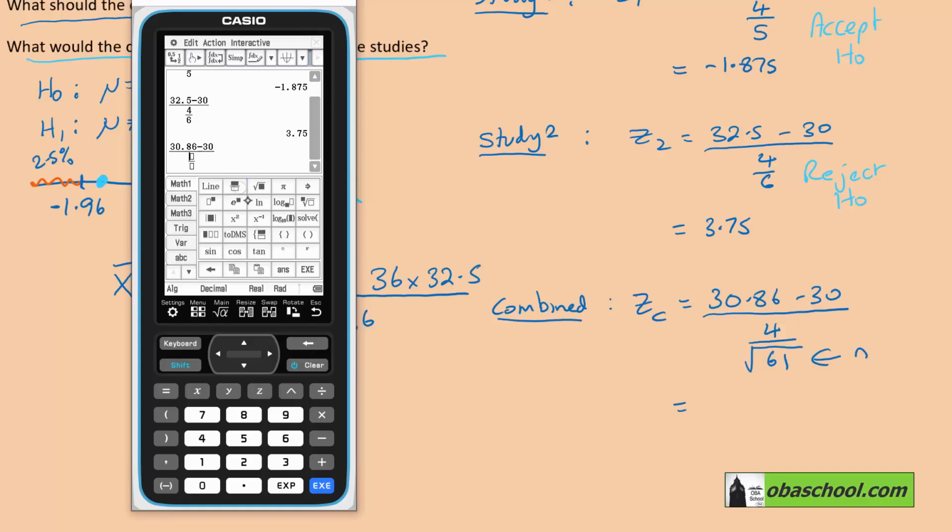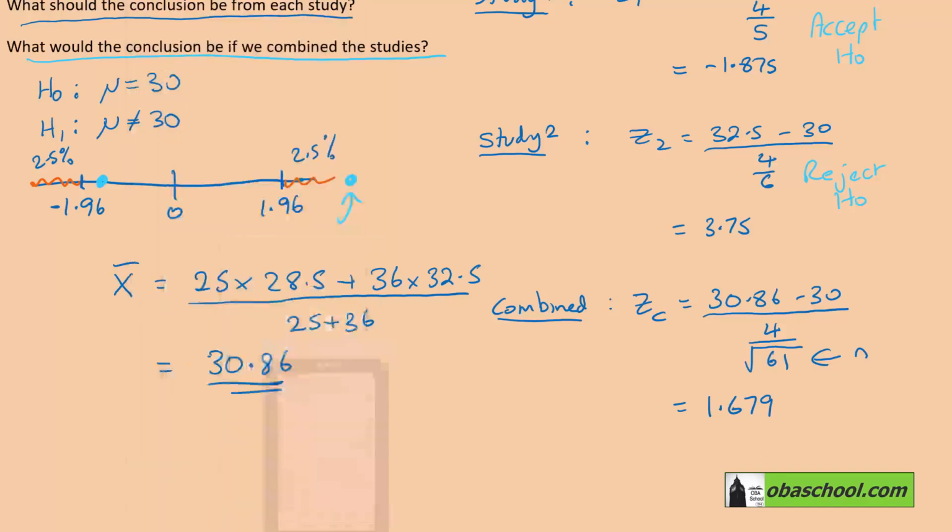Actually, let's just put the template there first and then go 4 over the square root of 61, and that gives me 1.679, which, as we can see, is not in the critical region, and therefore we would accept H0 and say that the mean has not changed due to the new environment if we use the combined study.